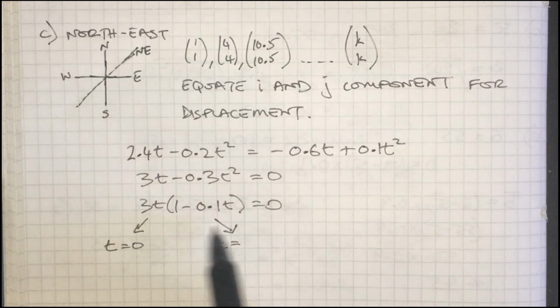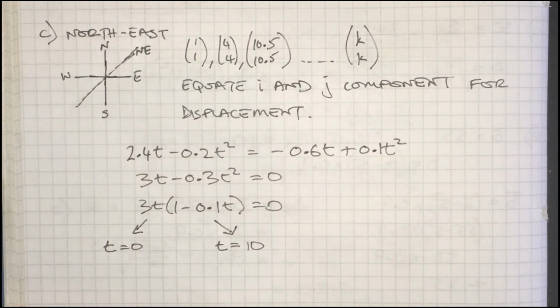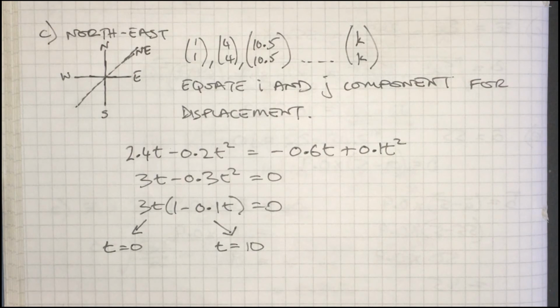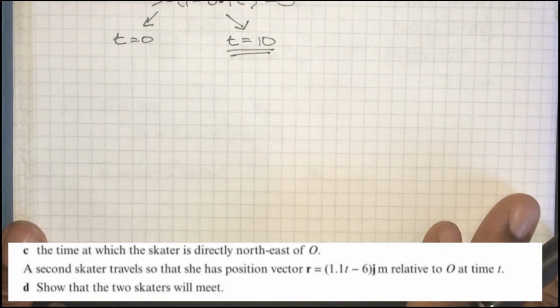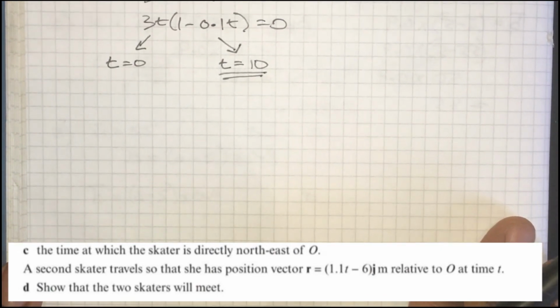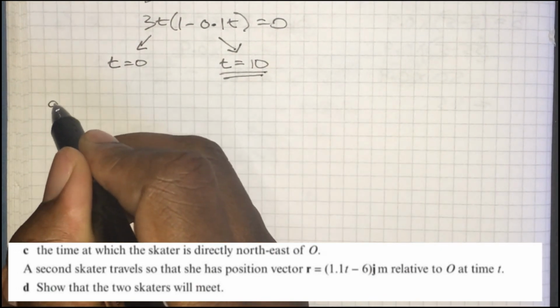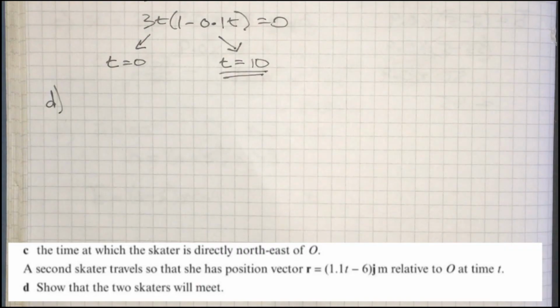It's not really the one that I'm interested in. But t equals 10, that is when it's exactly northeast of the origin. At t equals 0 it was on the origin. Does that count as being northeast? Let's see if the context of the question allows us to have t equals 0 as one of our answers. But in this instance, I'll go for t equals 10.